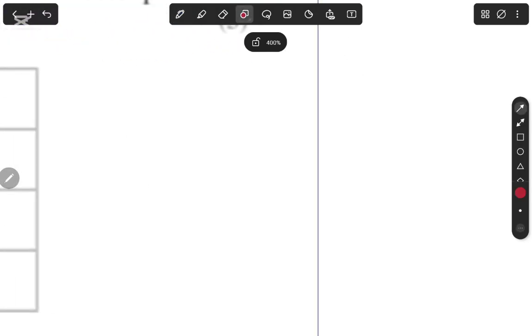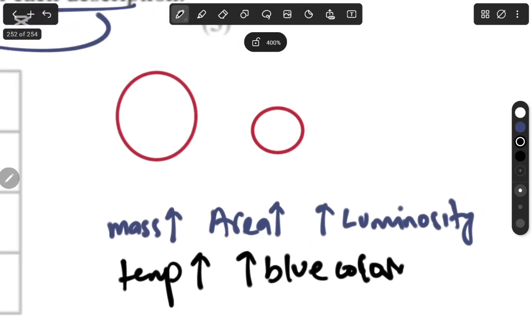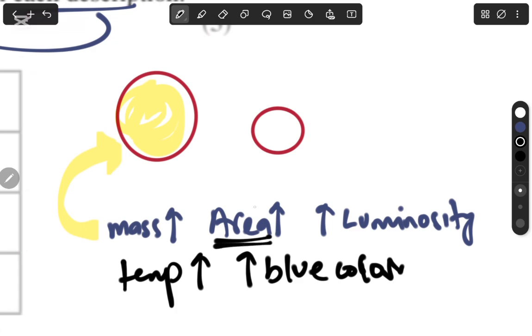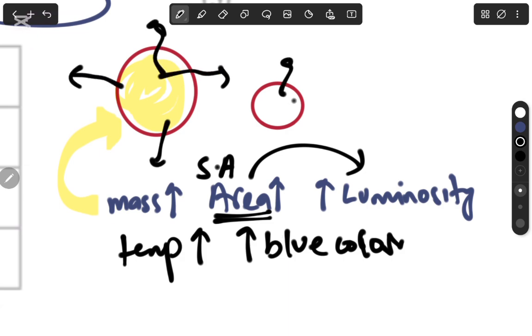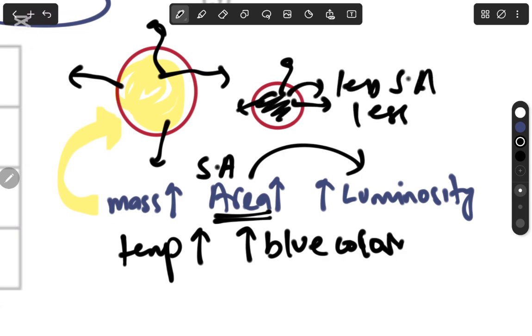Now let me just clear one thing. I'm going to explain this. The thing I want to clear is that if you have high mass, high mass means more area, and more area means more luminosity, specifically the surface area. So if you have more surface area, you will radiate more light. This will radiate less light because there is less surface area, because there is less mass.